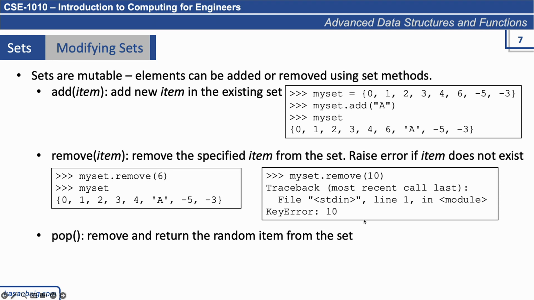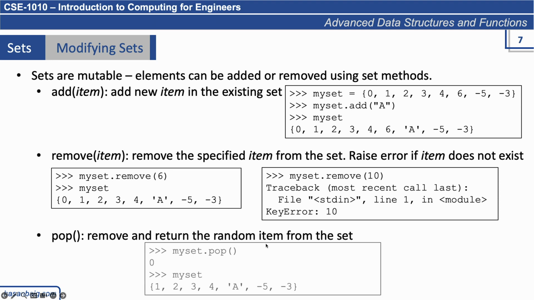We can also use the pop method on sets to remove and return a random item from the set. Okay? So when I run a pop method, it automatically or randomly selects any element and removes it from the set.